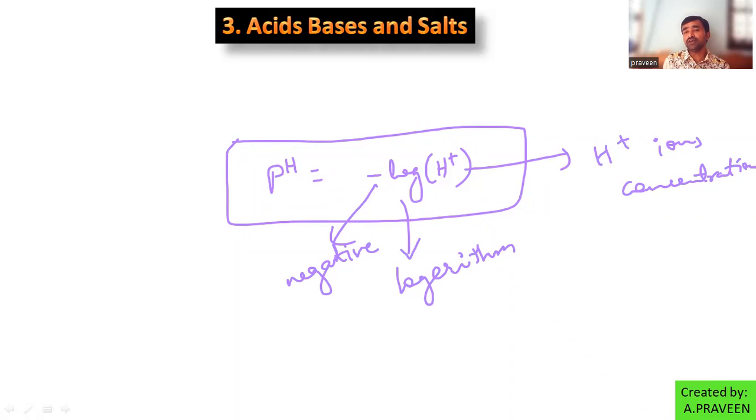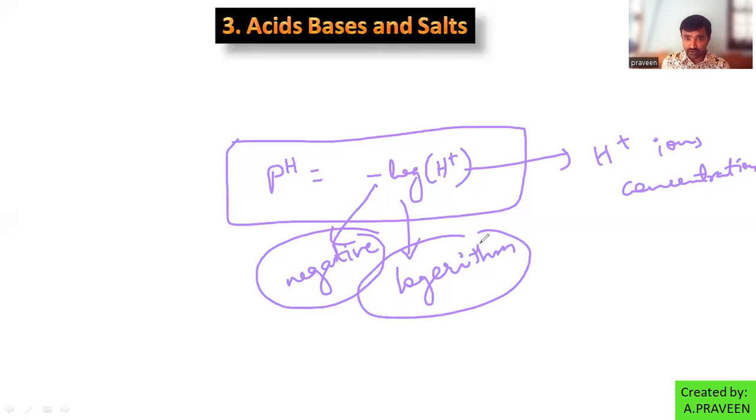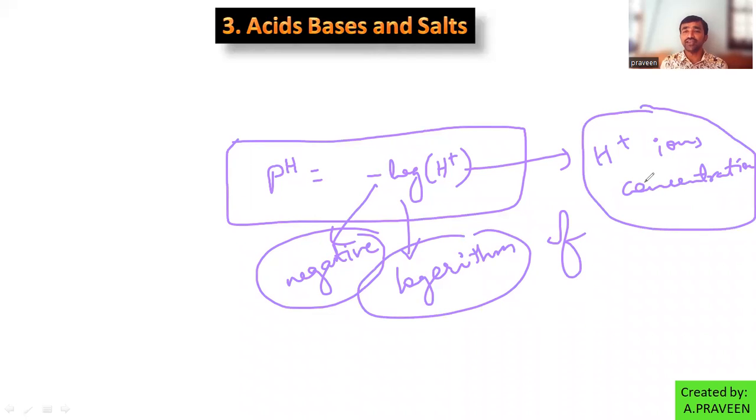I am defining this based on these terms only. So the negative logarithm of H plus ions concentration is given as the pH scale.